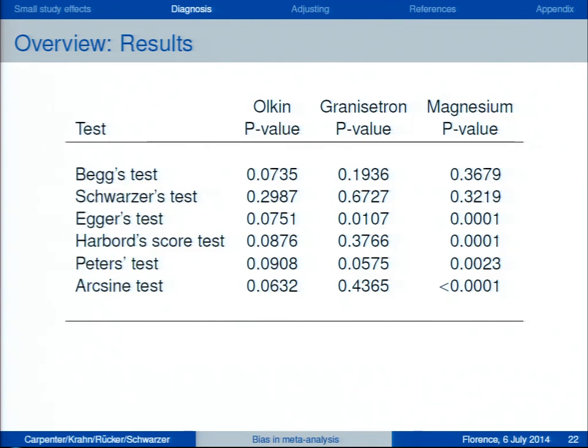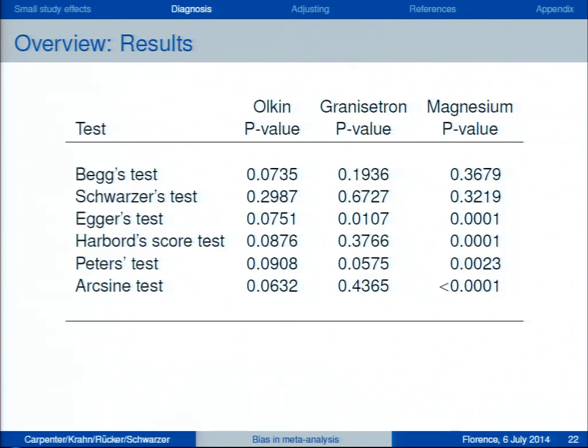There is some evidence in the literature coming from simulations that the rank correlation tests, these are the Begg test and the Schwarzer test, have very low power. And if the tests have very low power, look at the magnesium example. This observation would completely explain what we see here.